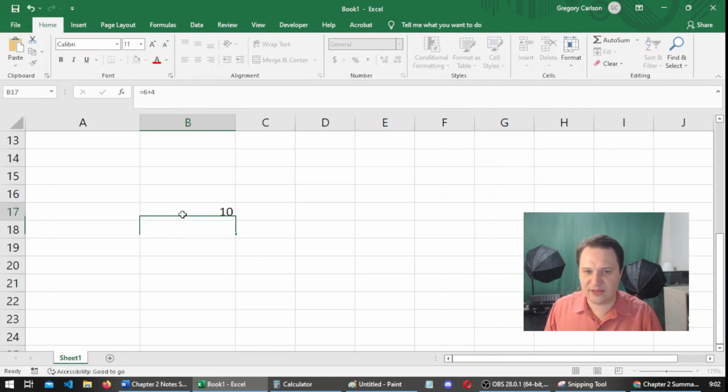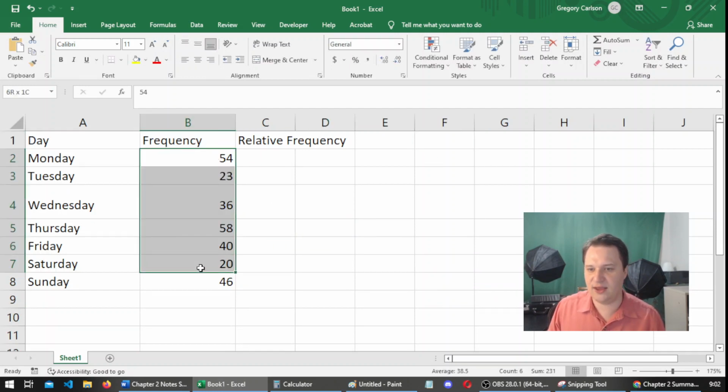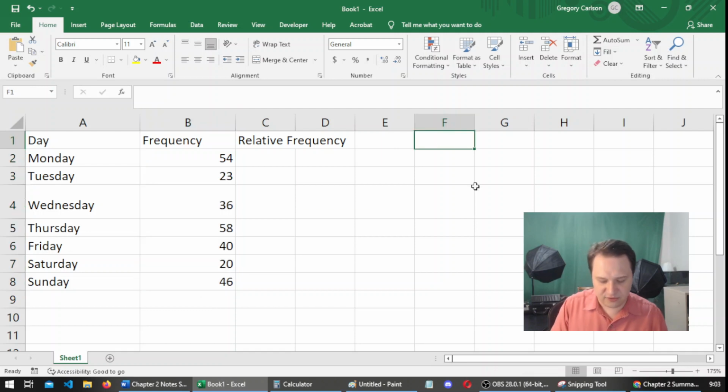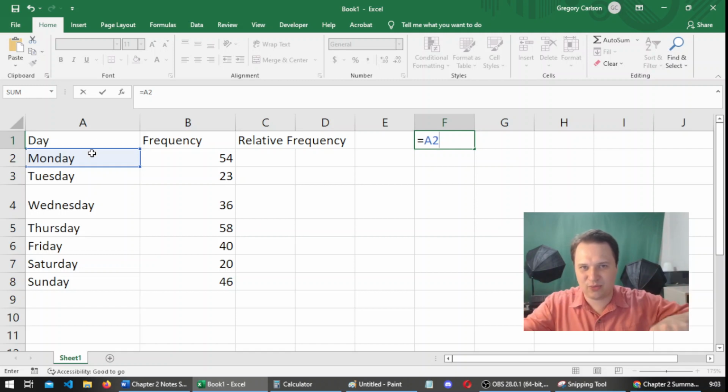So that's nice. So now that we know that Excel is a giant calculator, what else can we do? Well, what we can do is use cells in our formula. So watch this. If I type in equals A2, remember the game Battleship where you would say A2 or B3 or D4 to try to sink the opponent's battleships? That's how this works.